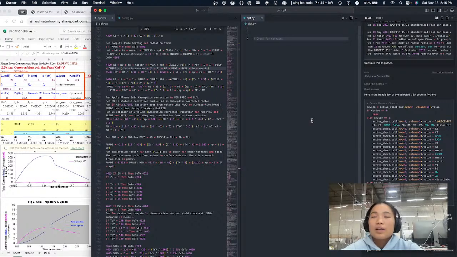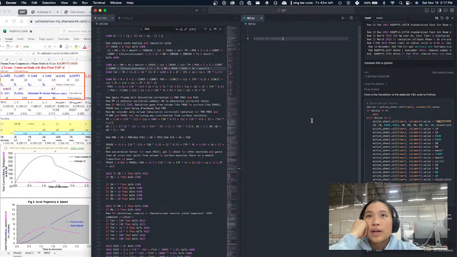Okay, so we also need to think about what is the ideal way that we want the user to interact with this model. And I think it might be with a really simple UI.